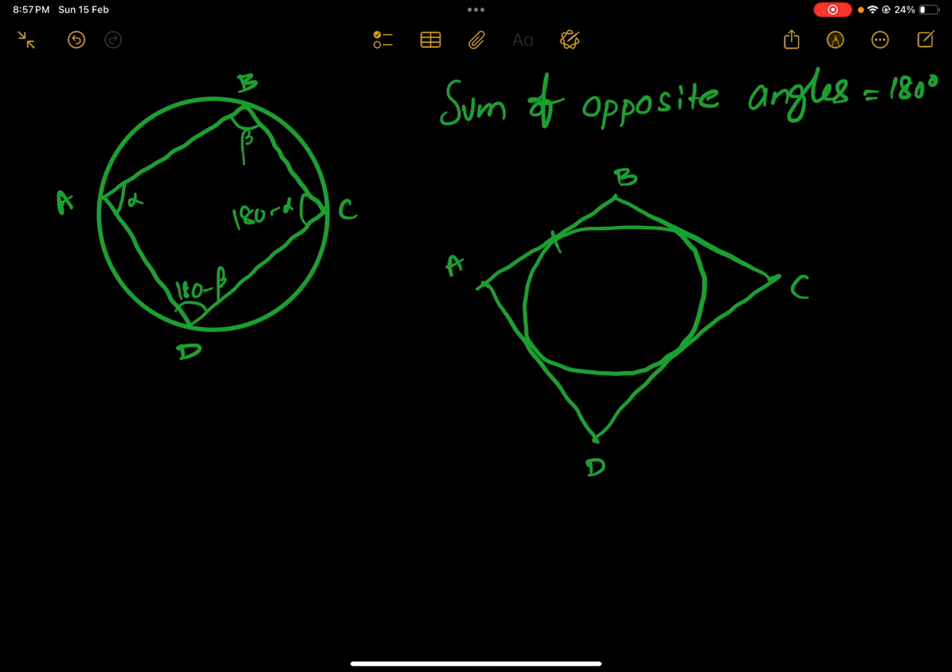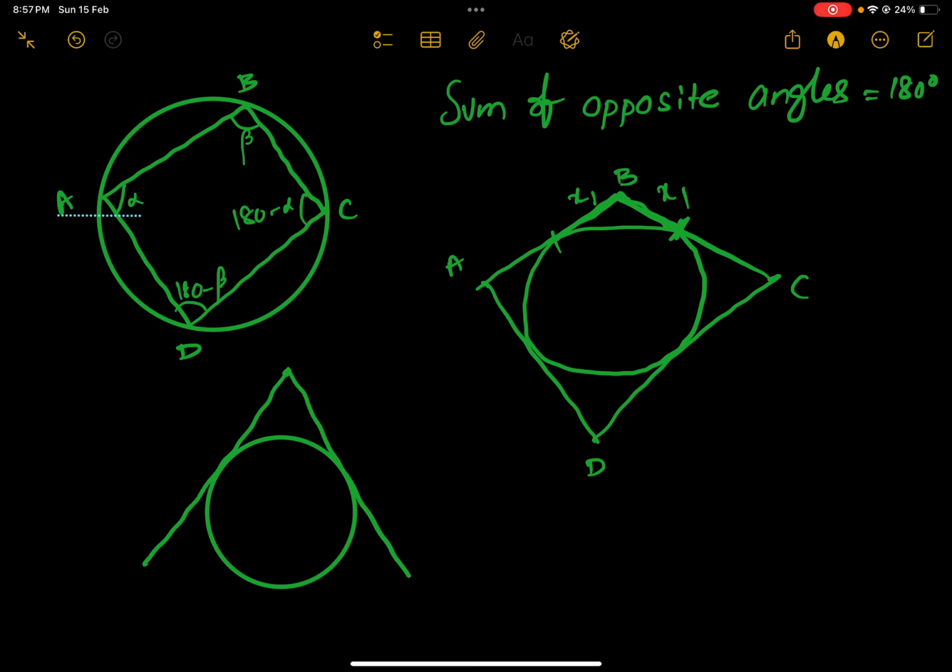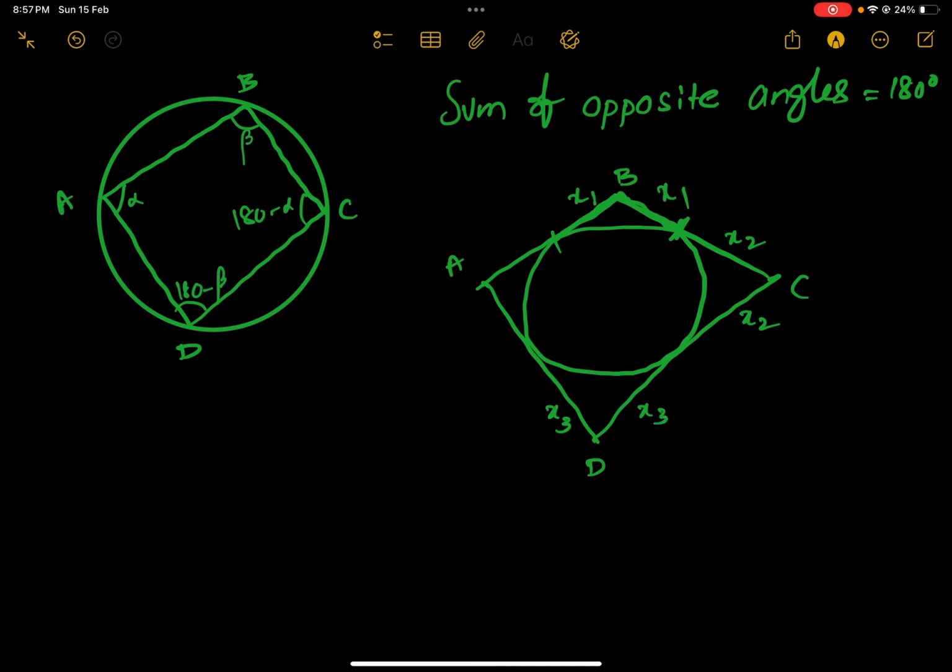So let us say this length is x1. Then this length is also x1. That is the theorem in circles: if you draw tangents from an external point, this particular length and this particular length will be the same, correct? So let us use that fact and let this be x2, then this is also x2, x3, x3, x4, x4.